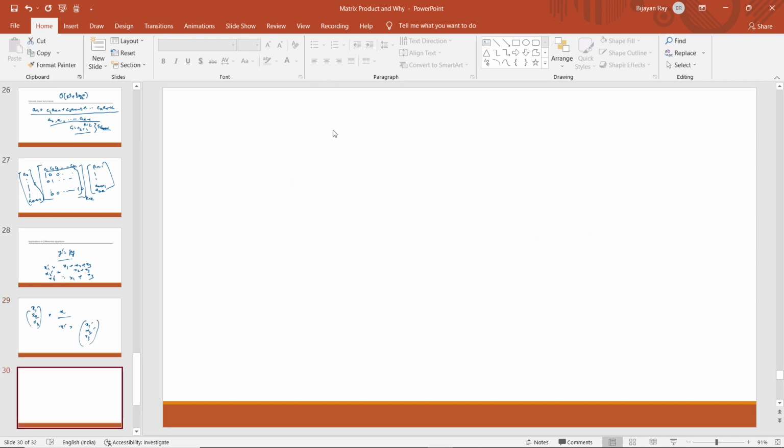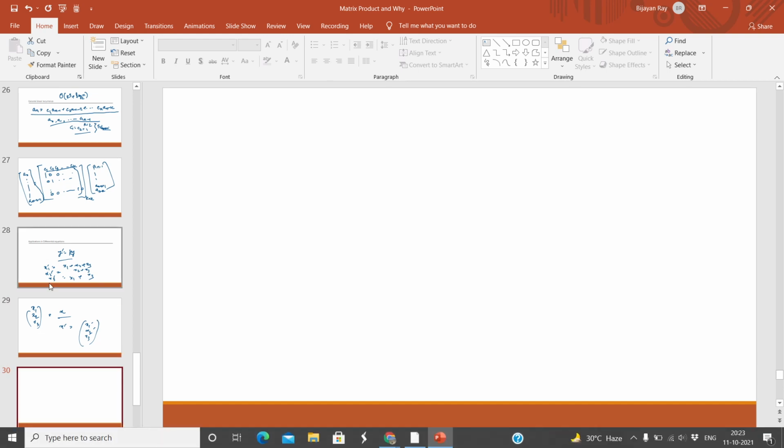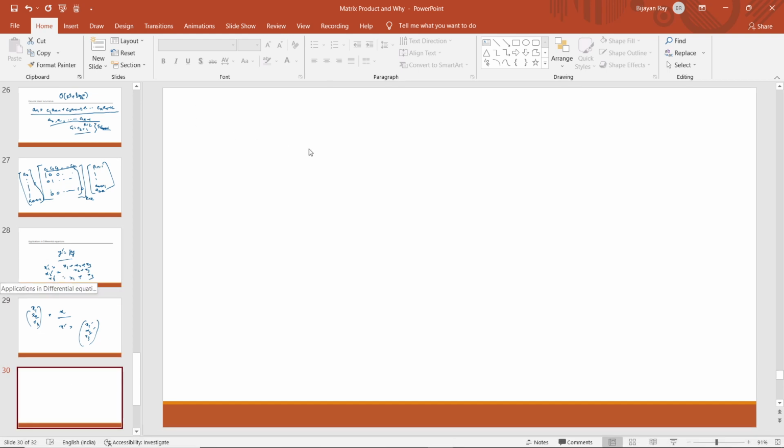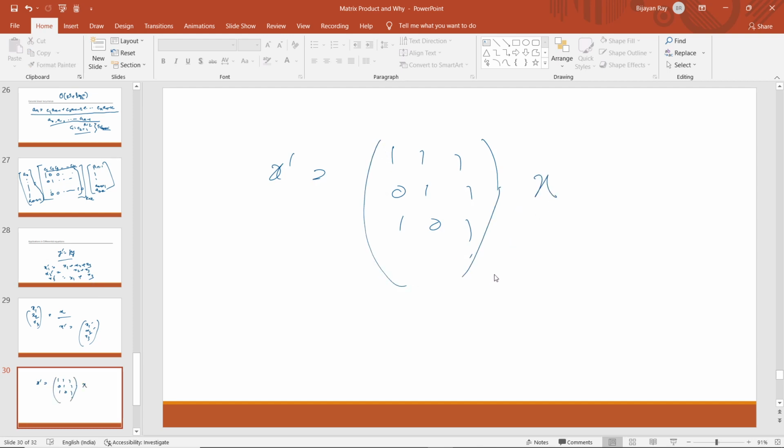So our matrix reduces to, what was our matrix then? It was 1 1 1, 0 1 1, 1 0 1. So this is it, right? Now if we diagonalize this matrix, say this is an A matrix, and suppose we find some Q inverse A Q, then we take this x in here and this reduces to Q x prime.